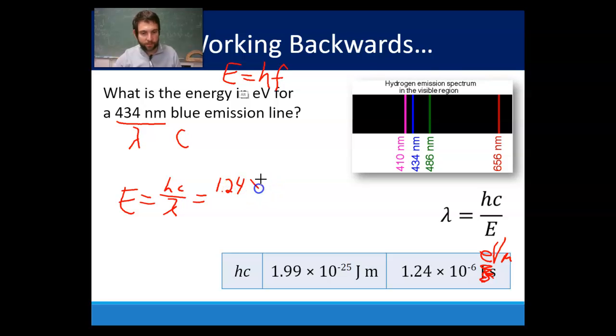Conceptually, you really have to think, ask some good questions, have good conversations. Divided by 434 nanometers, so 434 times 10 to the negative 9. Solving all of that, and we get 2.86 electron volts.